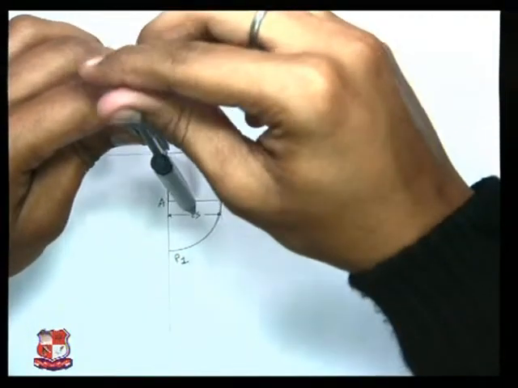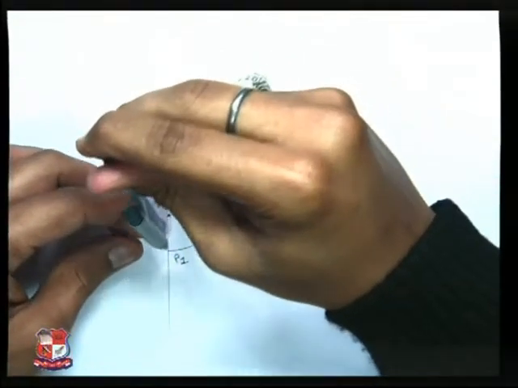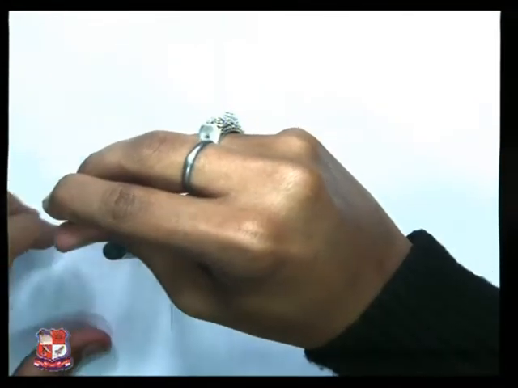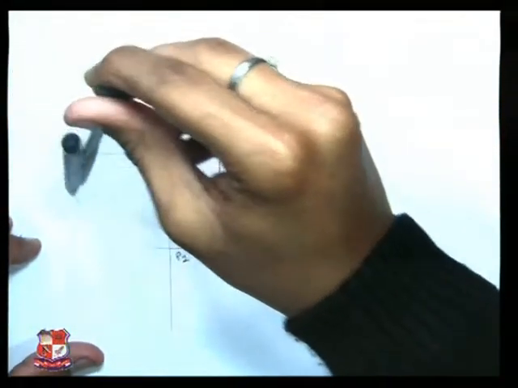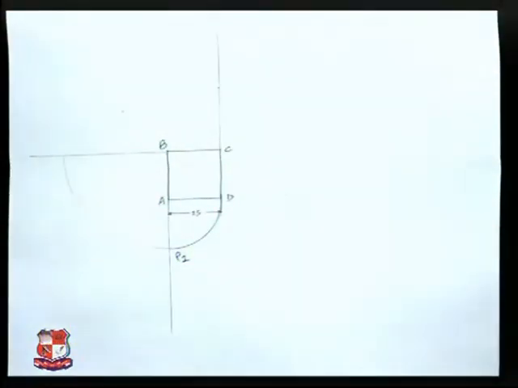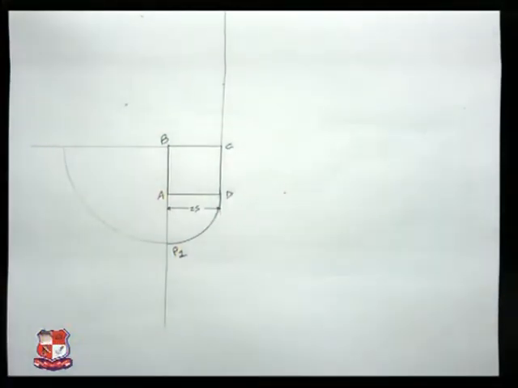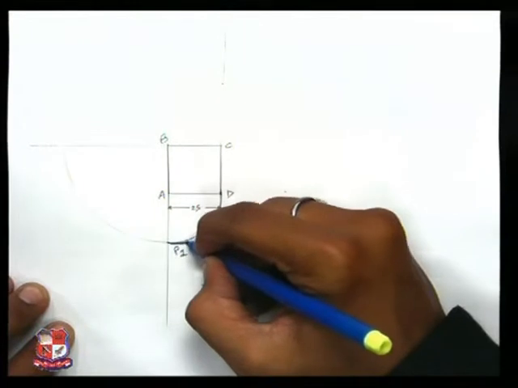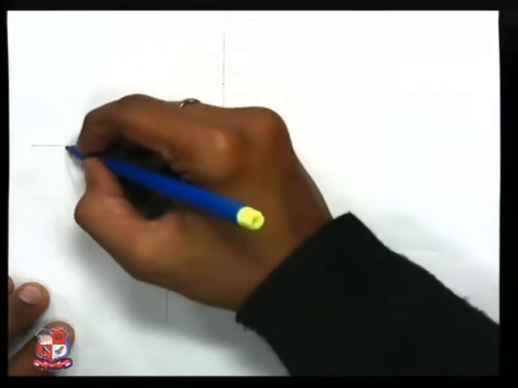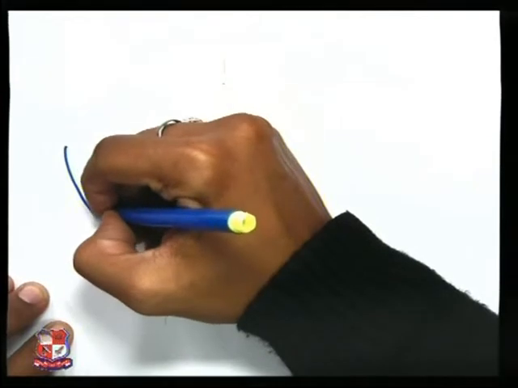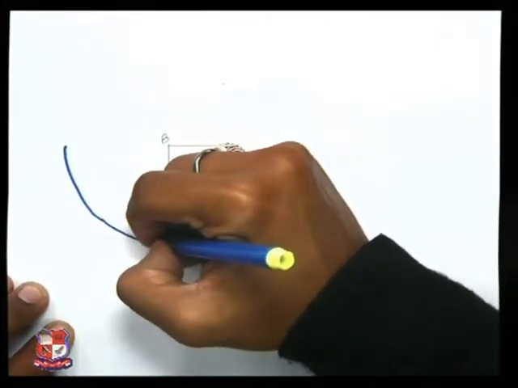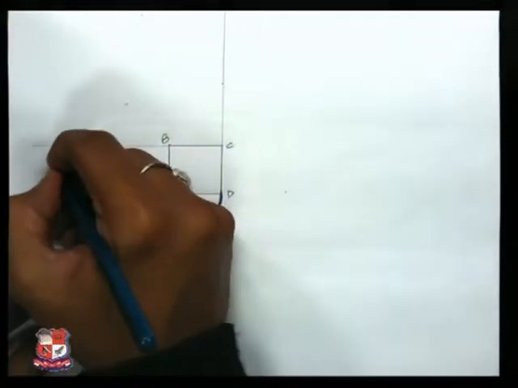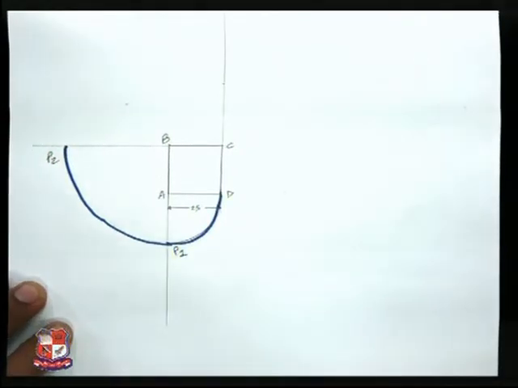Take B as center, B to P1 as radius, draw an arc. I'm just marking this arc for your convenience. Name that point as P2.